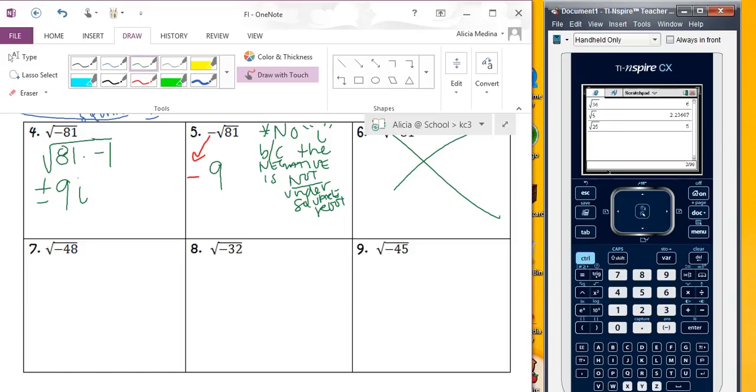Square root of a negative 48. What we want to do here is break up that negative. So 48 times a negative 1. But when I take the square root of 48, it's not a perfect square. We're going to get a decimal, right?